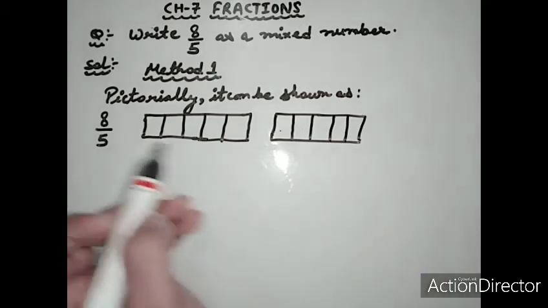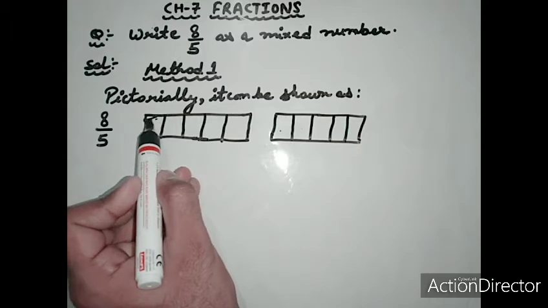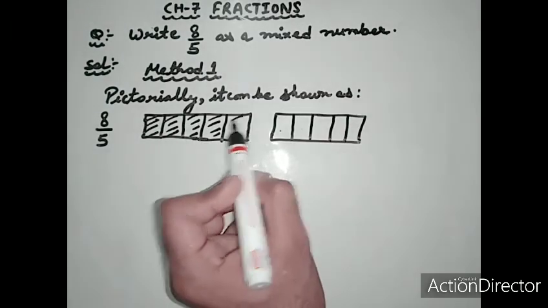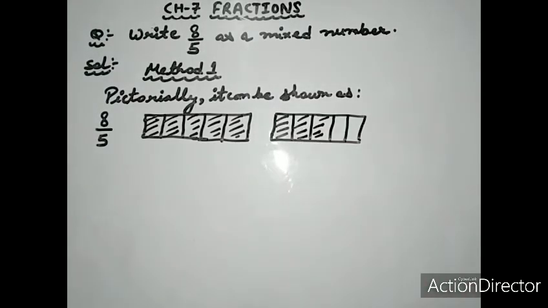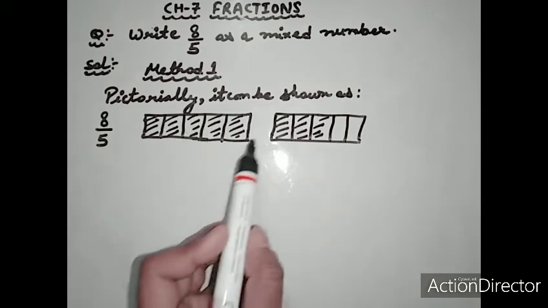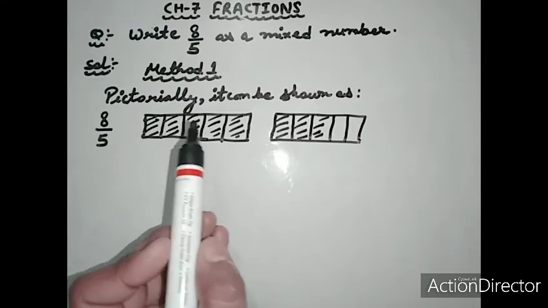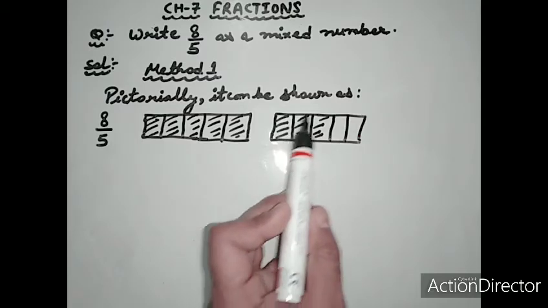Because here we take 8 boxes, 1, 2, 3, 4, 5, 6, 7, 8. So there is a total of 1 whole part and 3 upon 5 as a fraction part.